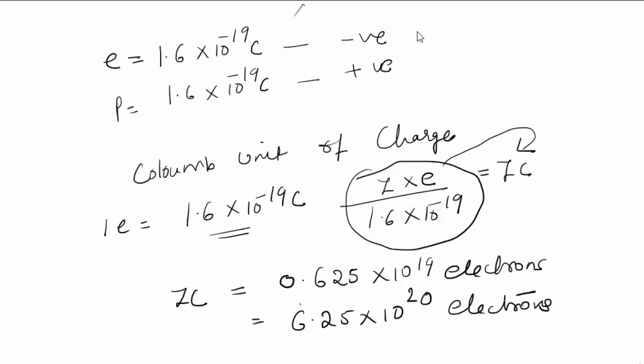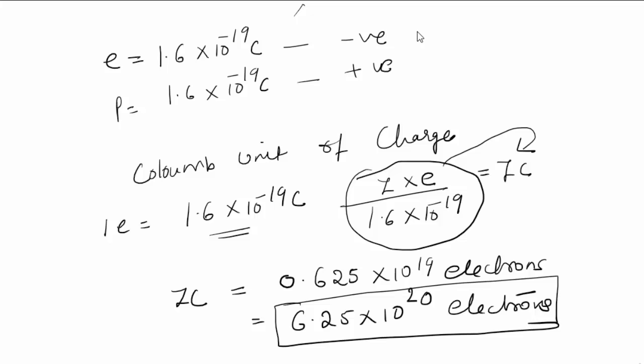So this is the number of electrons needed to produce 1 coulomb of electrical charge.